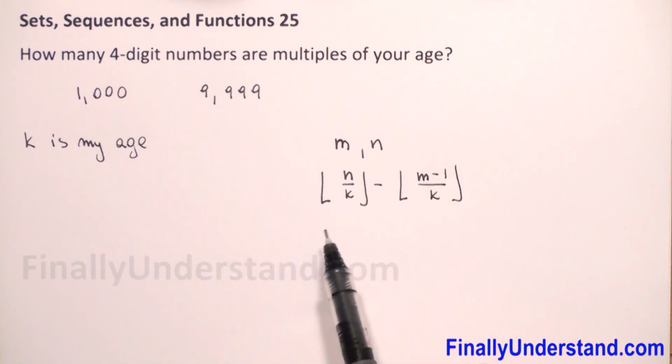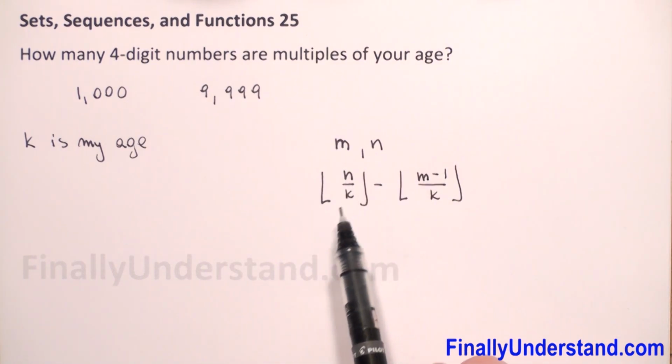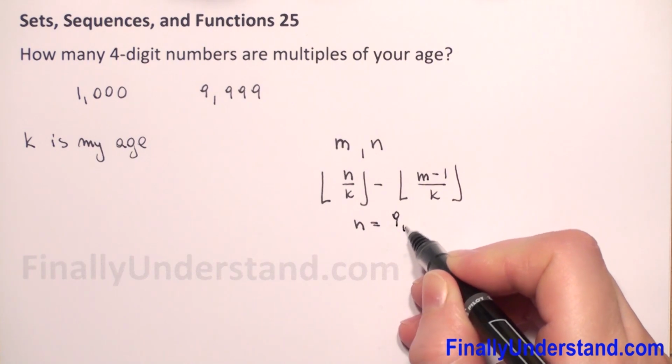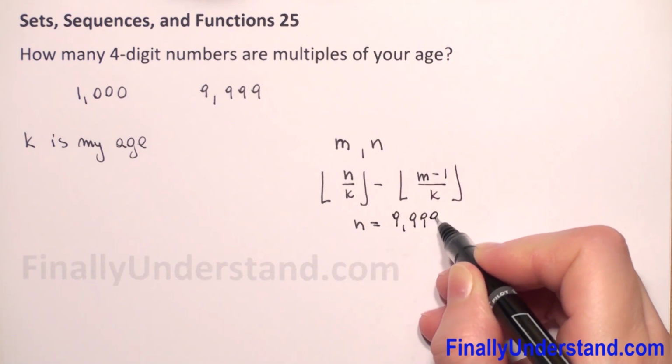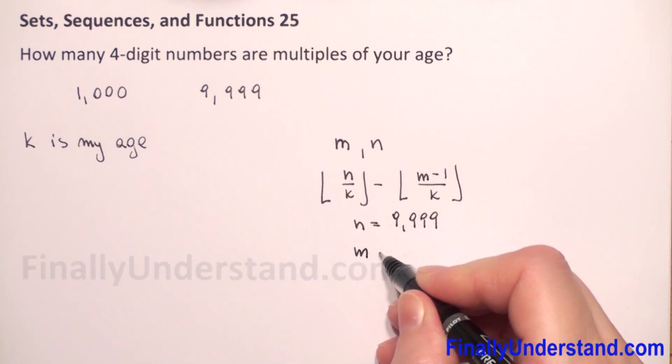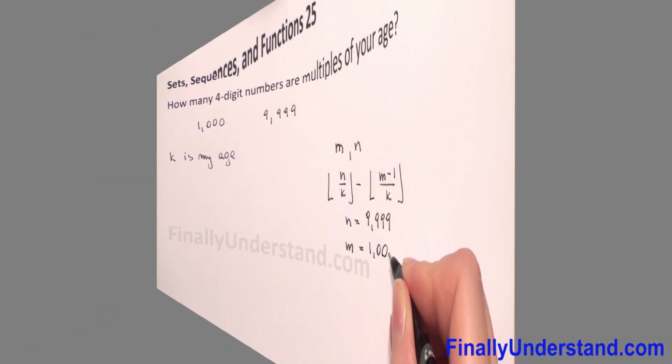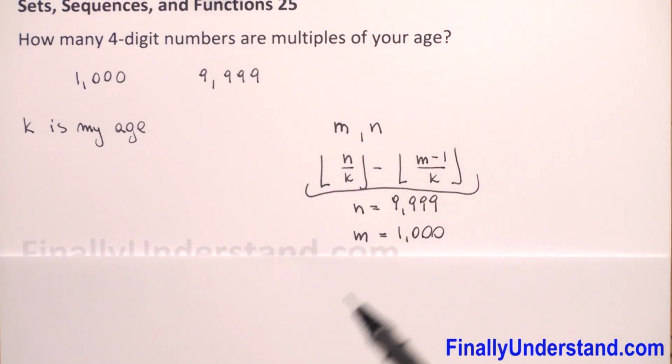In our example, n is equal to 9999 and m is equal to 1000. Now we will plug these values into the formula.